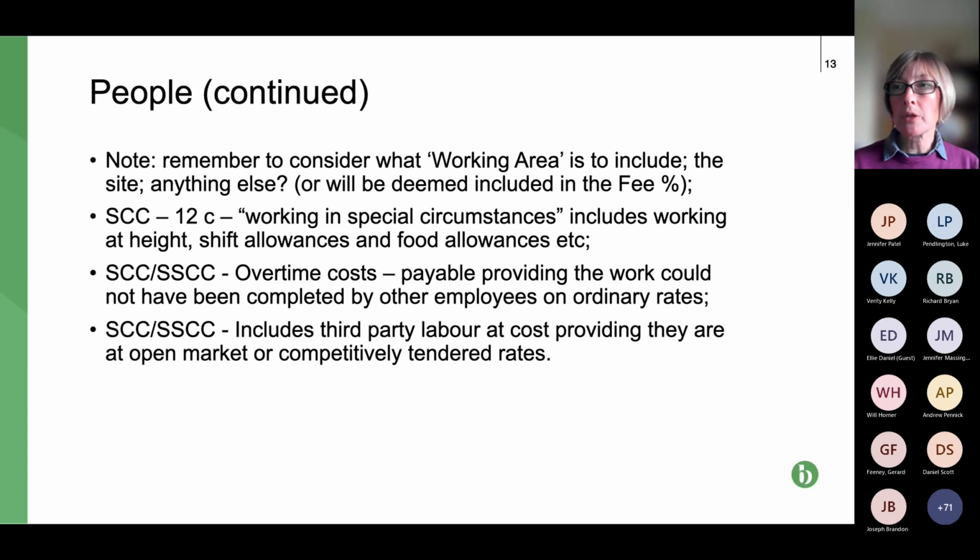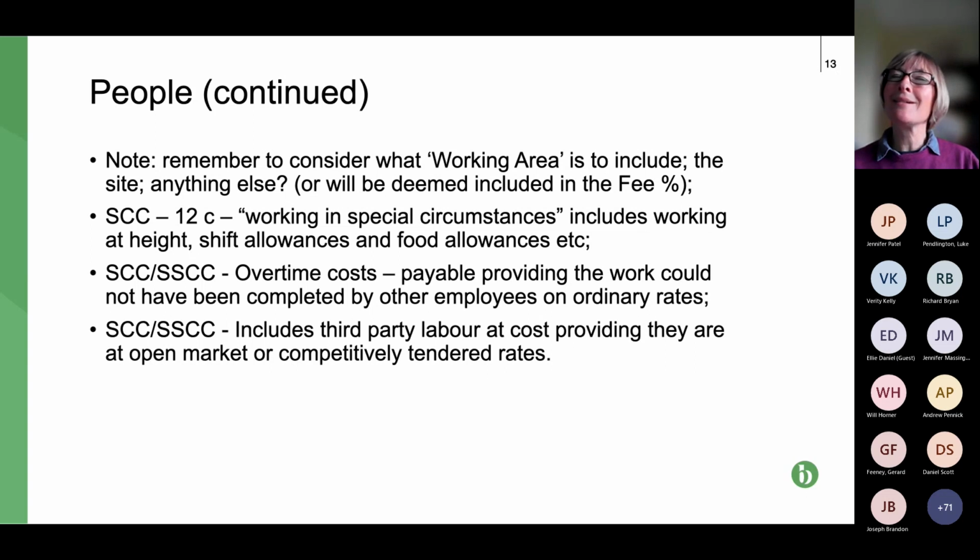In both, overtime costs are covered. And again, what you see is a series of checks and balances. So overtime is covered, but the check is that it's only payable if the work couldn't have been completed by other employees on ordinary rates. That's to stop a situation where a contractor decides, okay, we can leave some people working slowly because the work isn't on the critical path, but we'll get other people working overtime on work that is on the critical path.